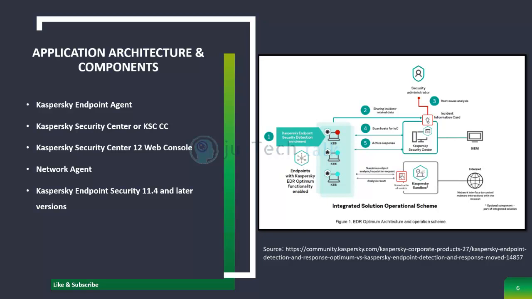When you have Kaspersky Endpoint Security, by default this feature is not enabled, but we will look into the lab how you can enable it. There are certain prerequisites which we need to take care of, of course, which we are going to talk about. We need to have those in place. Some plugins are there, some prerequisites are there in order to work with Kaspersky Endpoint Detection and Response Optimum.